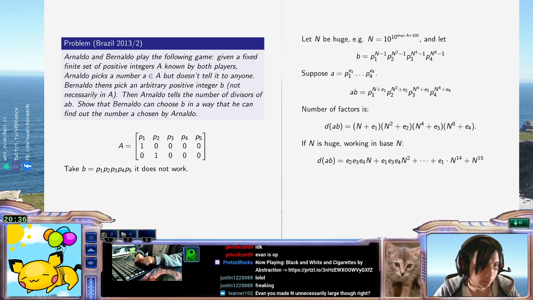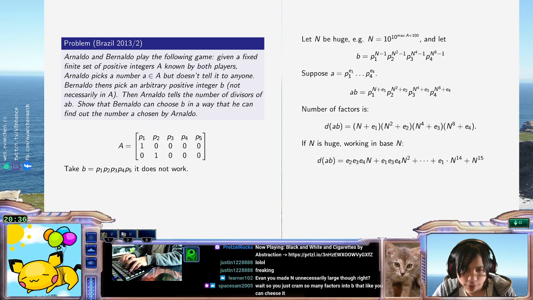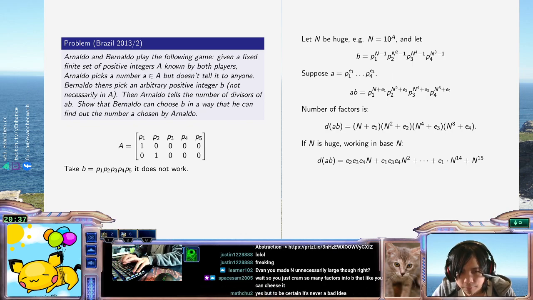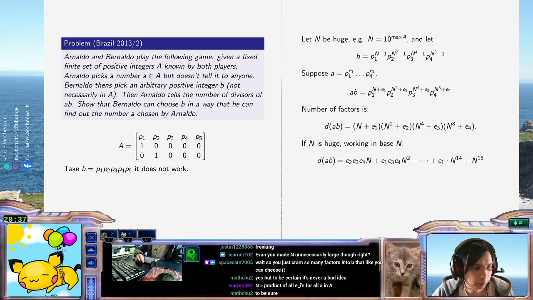I think N just has to be bigger than like... You need to be big enough so there's no regrouping, and all the coefficients are products of EIs. So it just has to be larger than the product of the X. So N equals 10 to the max A probably works. Probably something a lot smaller works. Oh crap, max A. Yeah, N just has to be bigger than the product.